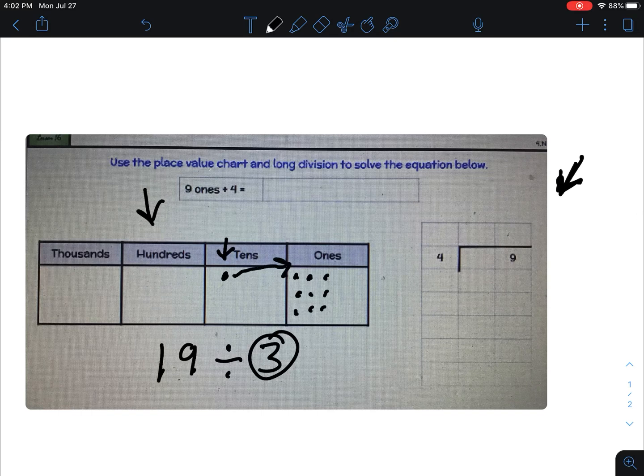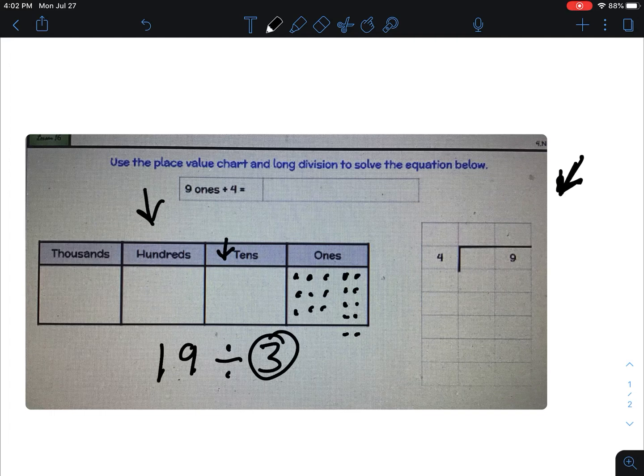No. So if there aren't 3 10s, this 1 10 has to go over into the ones column. But think about that. One of these does not mean 1 over here, right? This 1 10 is equal to 10 ones, right? So if I have to move this over because I don't have enough to divide them, I have to write 10. 1, 2, 3, 4, 5, 6, 7, 8, 9, 10. All right, now I have 19.